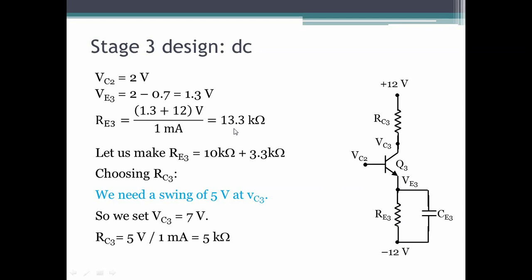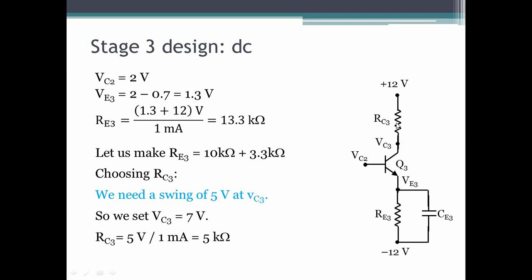So we will get RE3 equal to 13.3 kilo ohms. Now here the available resistors are 12 and 15. That may be too much of a variation. So here we will make RE3 as a series of two resistances, 10 kilo ohm and 3.3 kilo ohm, which will give us 13.3 kilo ohms. So we've decided RE3. Now we must choose, I'm sorry, RC3.